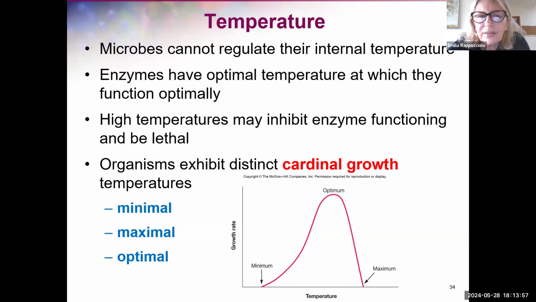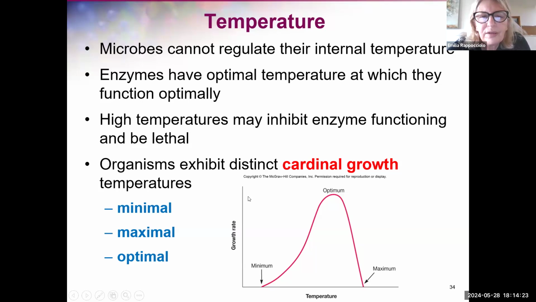And so high temperature can have a very negative effect on cells by blocking enzyme work, and high temperature can kill the cell. If you look at any one organism on the planet, you find that they have what are called cardinal growth temperatures.